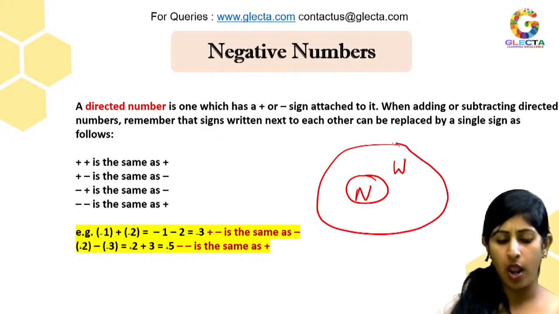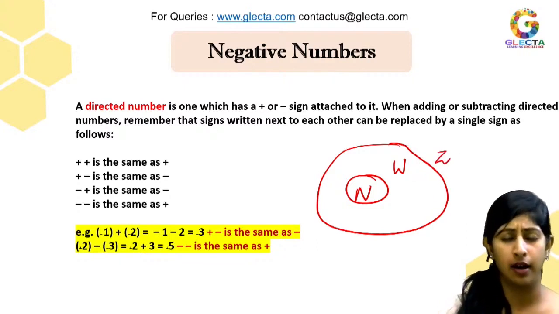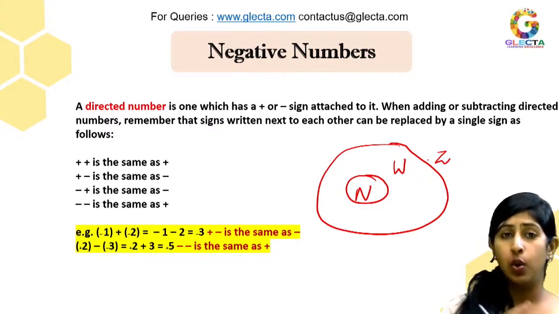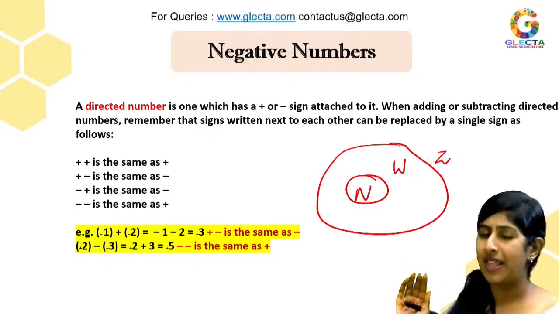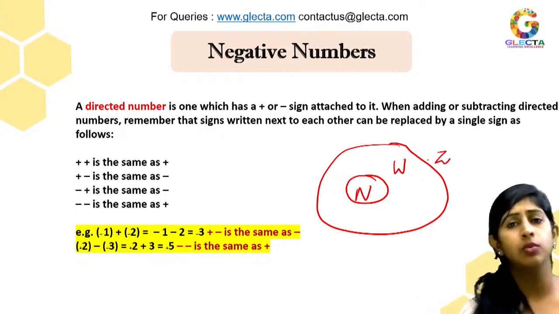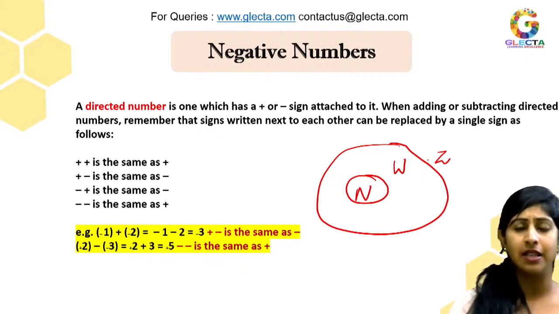Then after whole numbers, we have the concept of integers, which is usually denoted by Z or capital I. Now what are integers? Whole numbers were starting from 0, 1, 2, 3, 4, 5 and so on, right? Now in integers, I include negative numbers as well. What do we mean by negative numbers? Numbers which are lesser than 0.